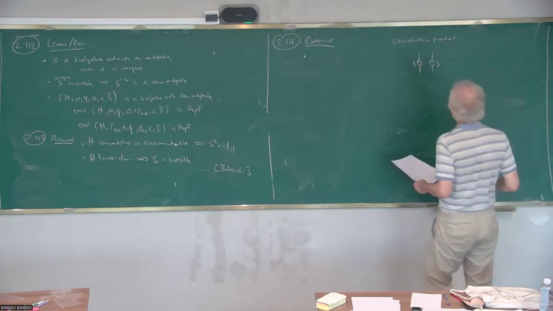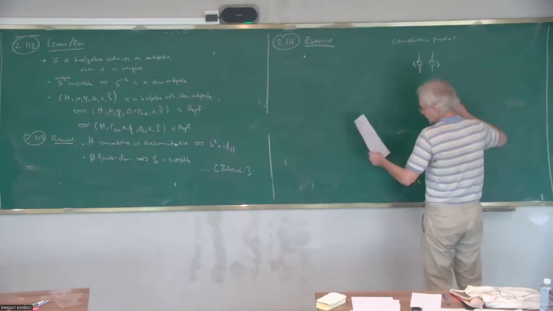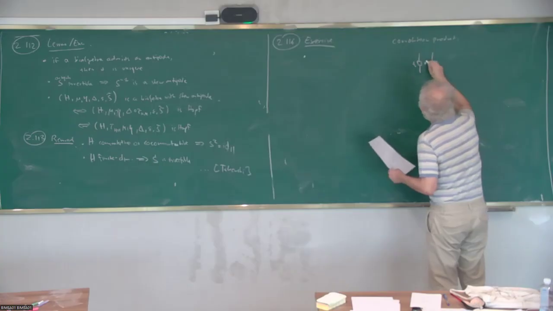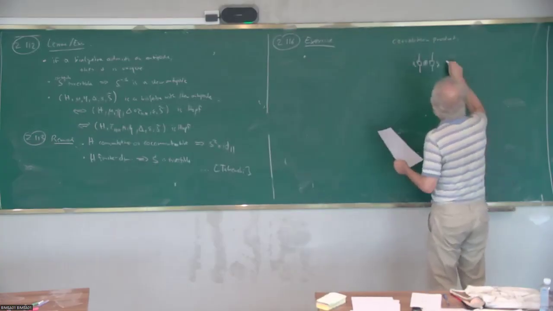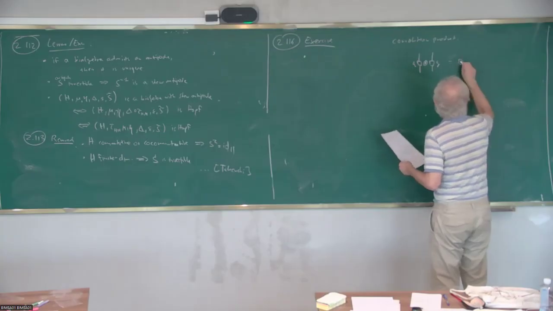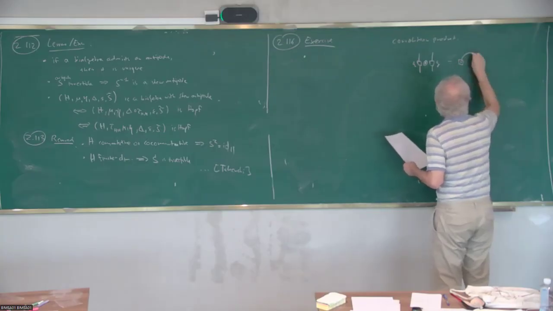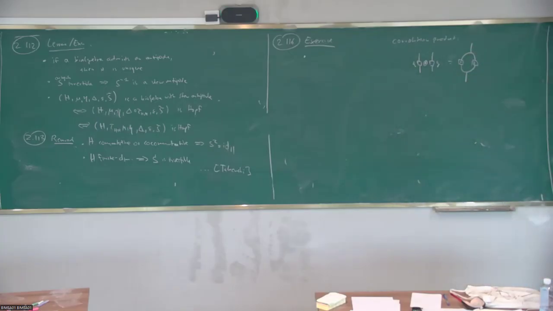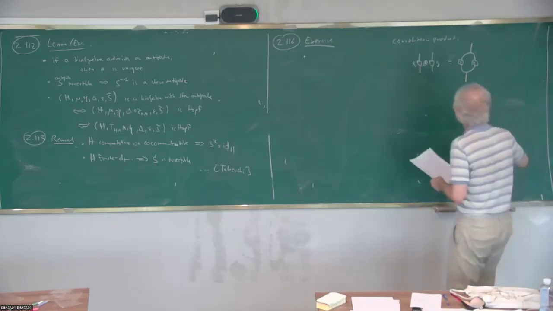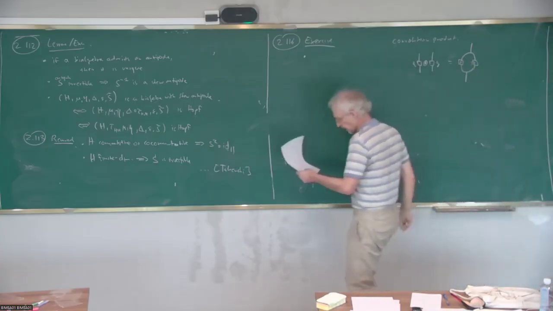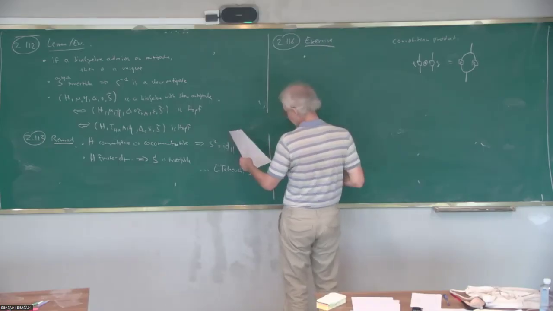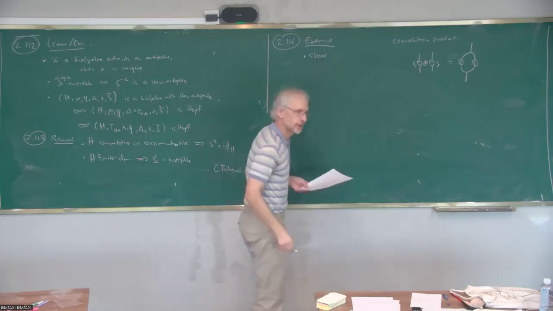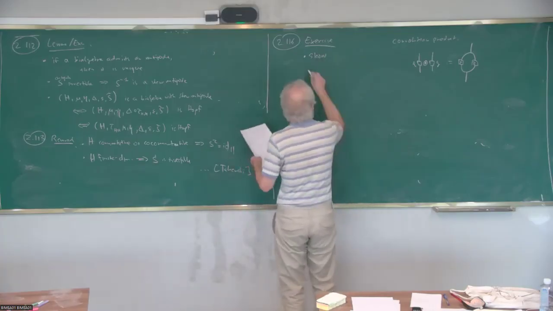For example, A equals B a bi-algebra, or Hopf algebra in our case. Then we say the convolution product is this morphism.